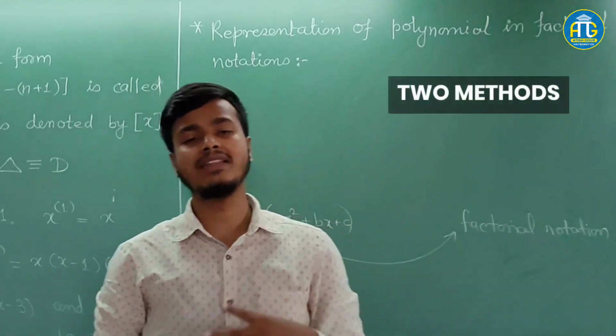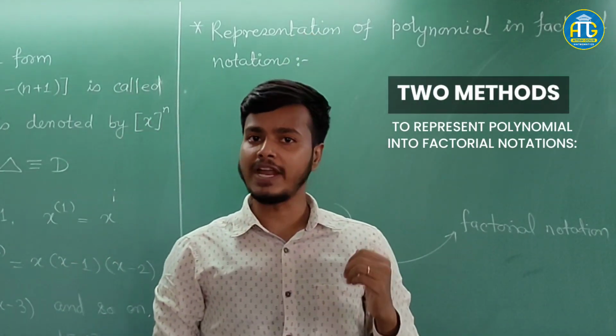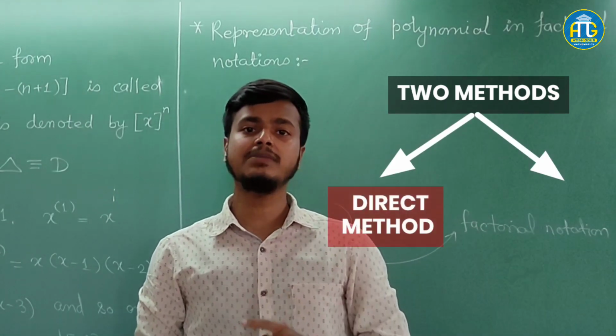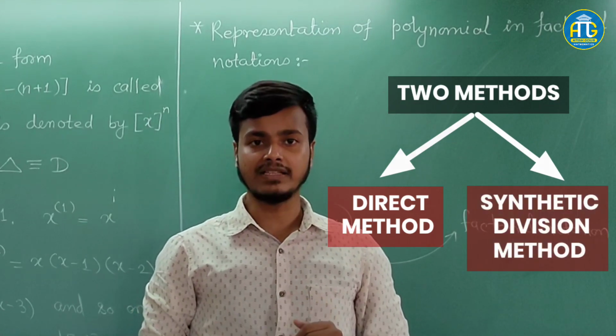There are two methods to represent a given polynomial in factorial notation. The very first method is the direct method and the second method is the synthetic division method.